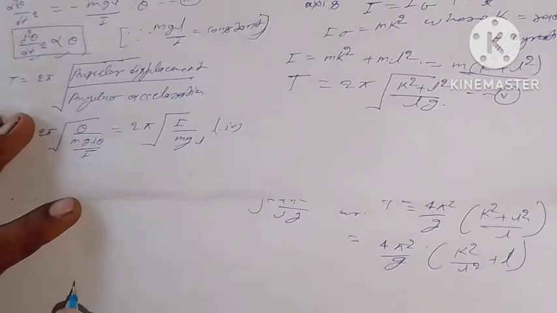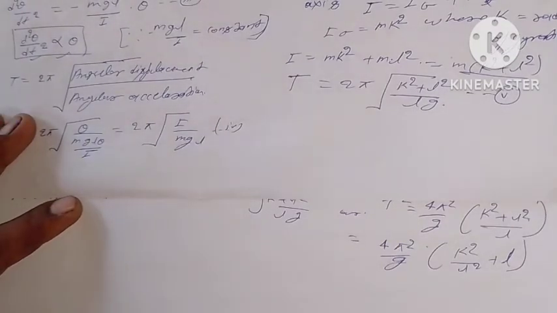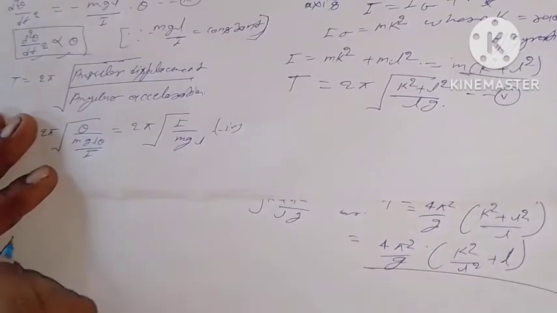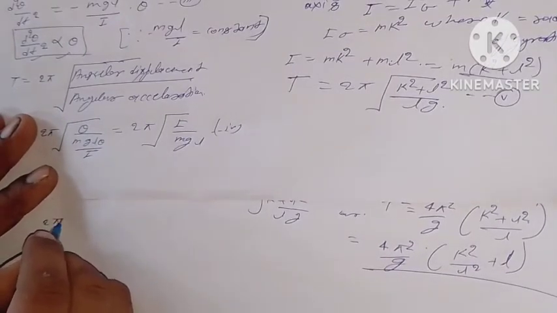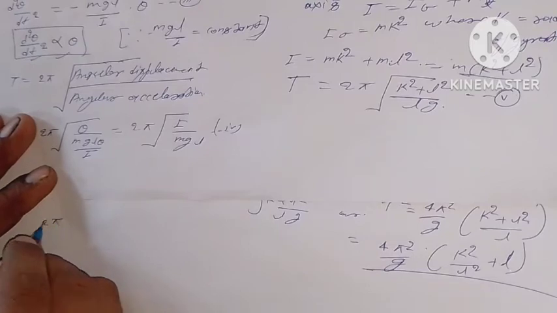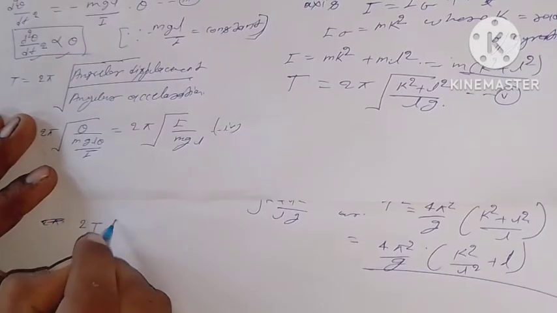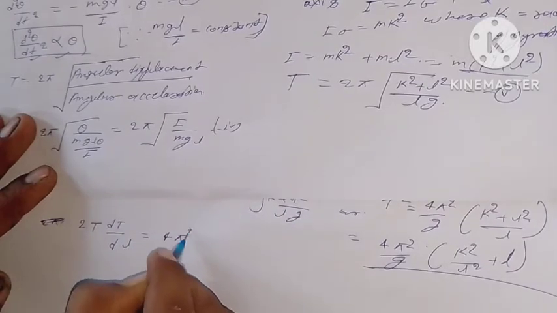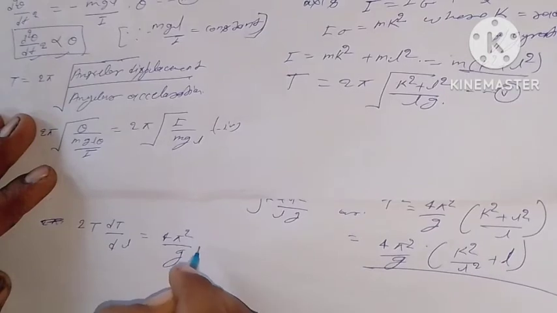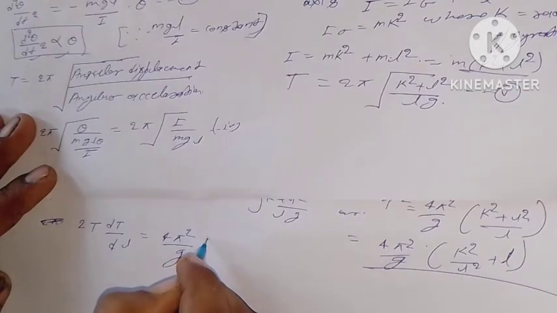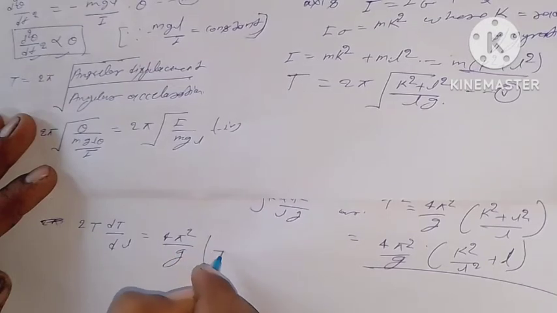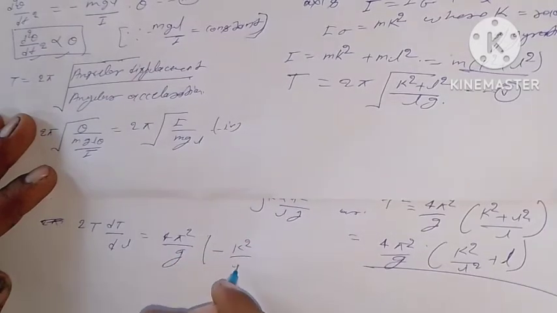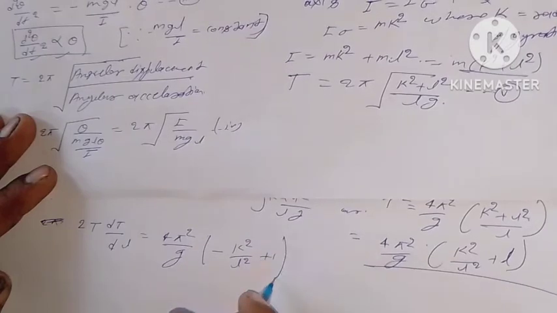Differentiating this equation with respect to l, 2T dT by dl equals 4 pi square upon g times minus k square upon l square plus 1.